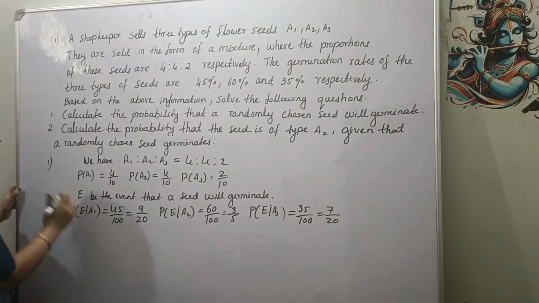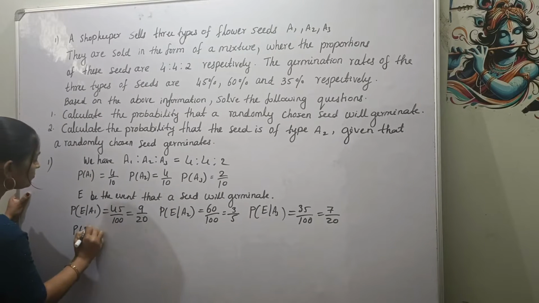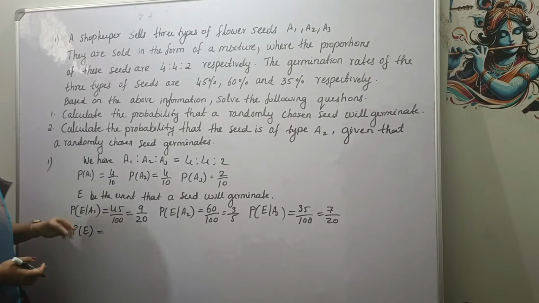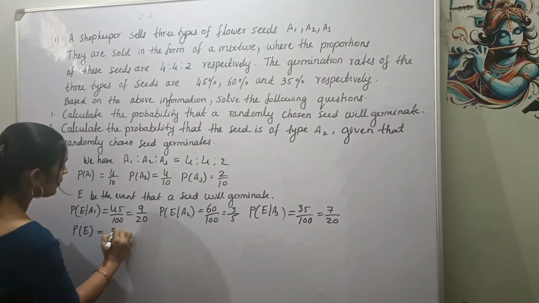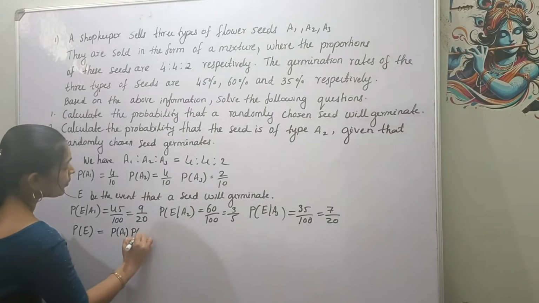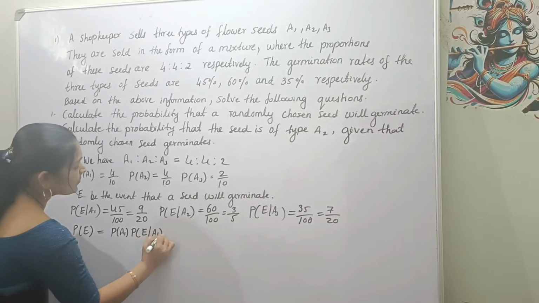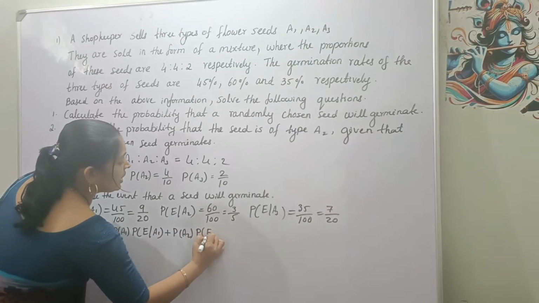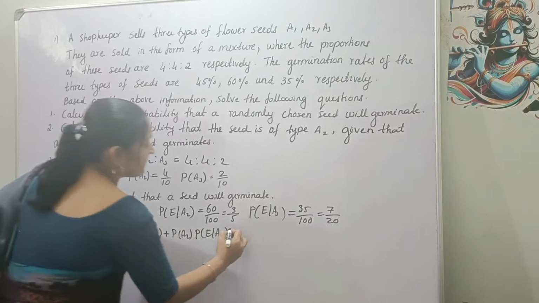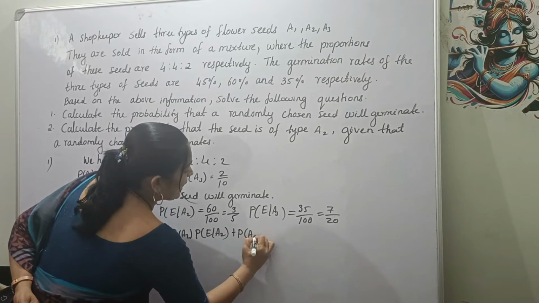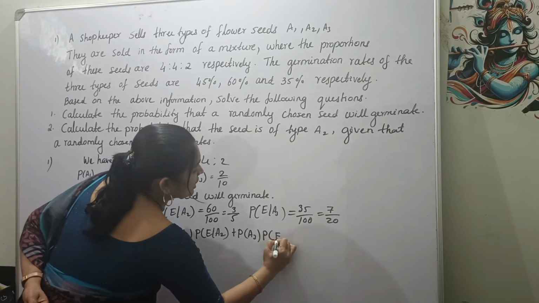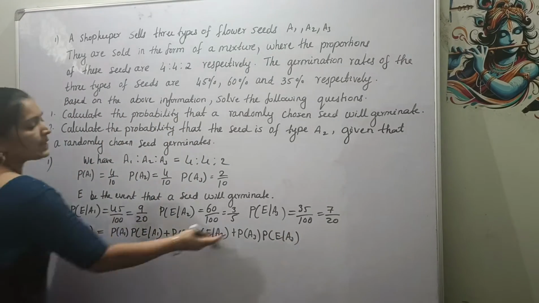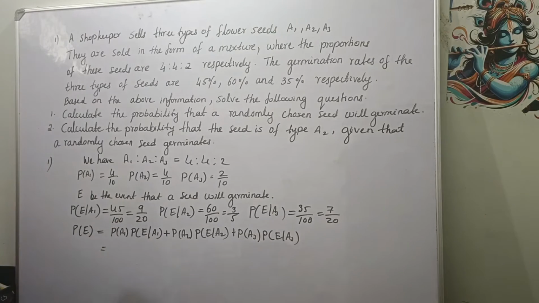So here, how to find probability of E? We have a formula, that is total probability theorem. Probability of E is equal to probability of A1 into probability of E given A1 plus probability of A2 into probability of E given A2 plus probability of A3 into probability of E given A3. Right? We have all these terms, right? So let's substitute.